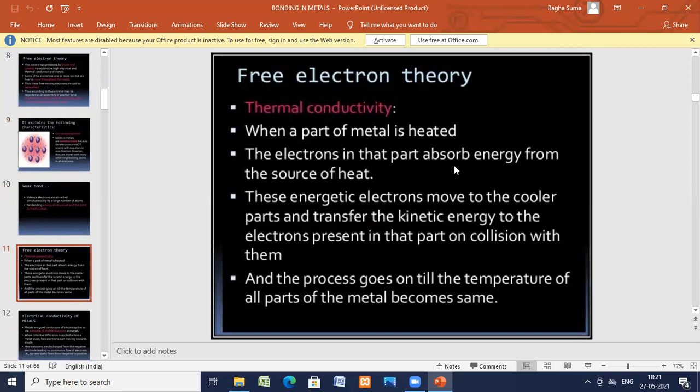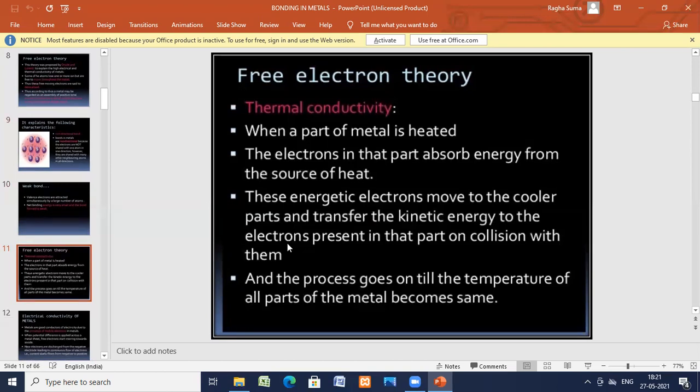These energetic electrons move to the cooler parts and transfer kinetic energy to the electrons present there on collision with them. That process goes on till the temperature of all parts of the metal becomes the same.